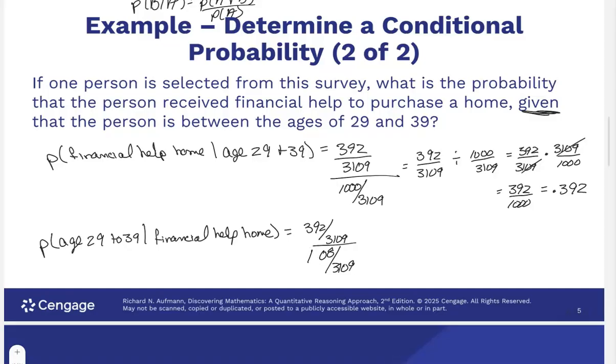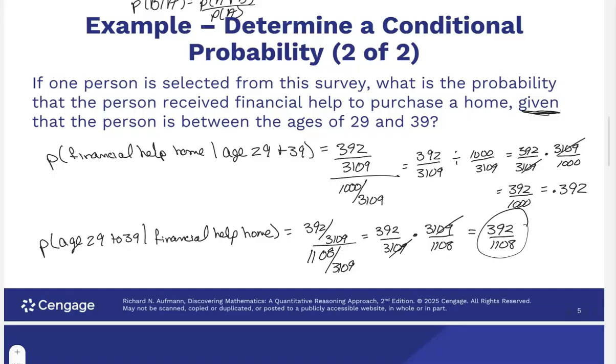So we would do keep, change that division to multiplication, and then flip that second fraction. You can see how those cancel. So we get 392 out of 1108 for that.